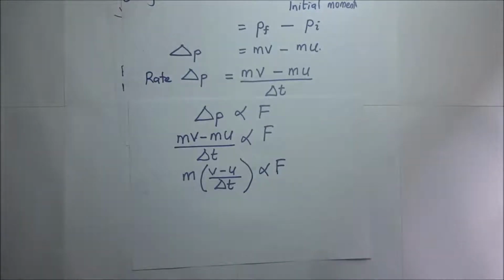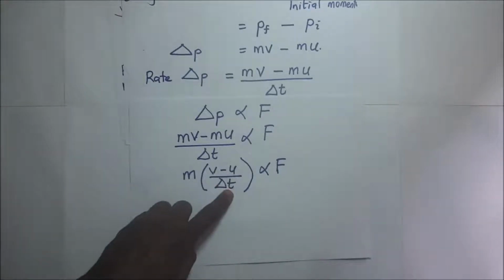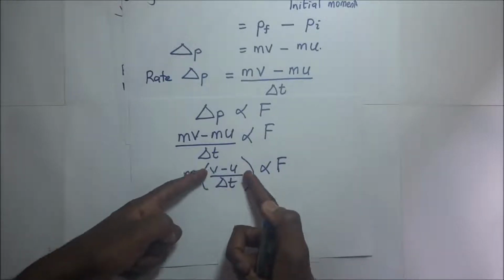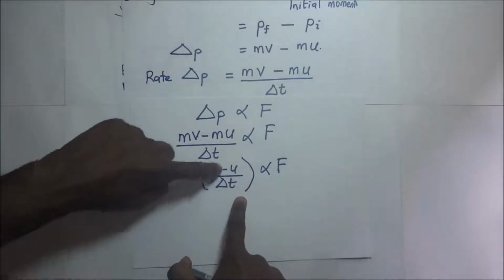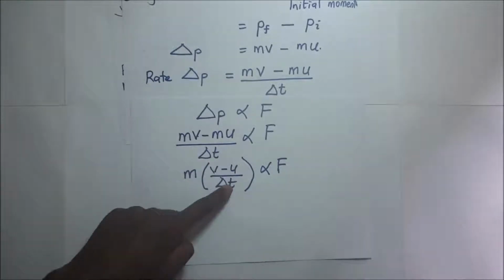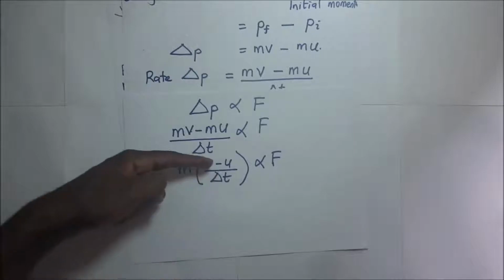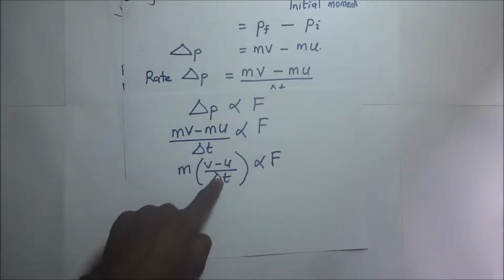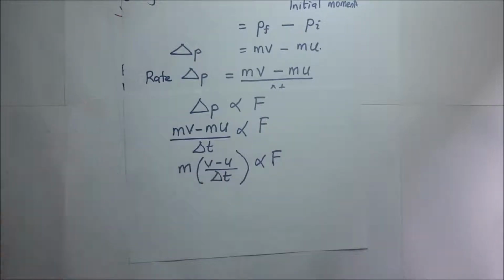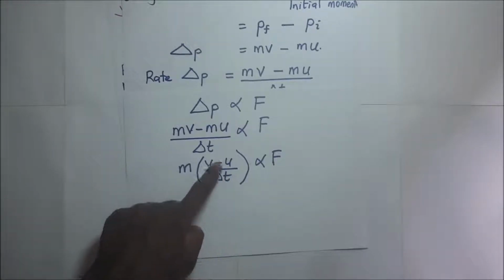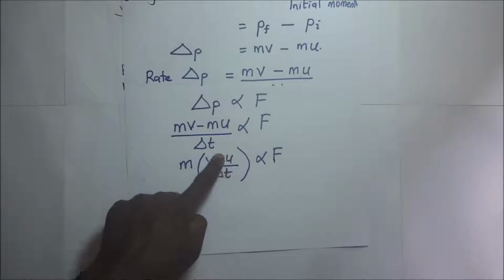Now, if we look at this, this is v minus u over time. When we factorize out the m, this becomes the rate of change of velocity, that is final velocity minus initial velocity divided by time. And from our previous videos, we know by definition that acceleration is the rate of change of velocity, change in velocity over change in time.